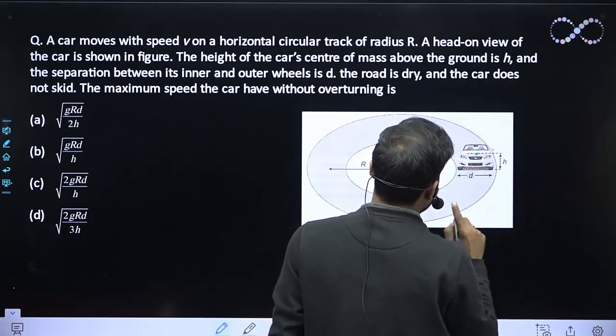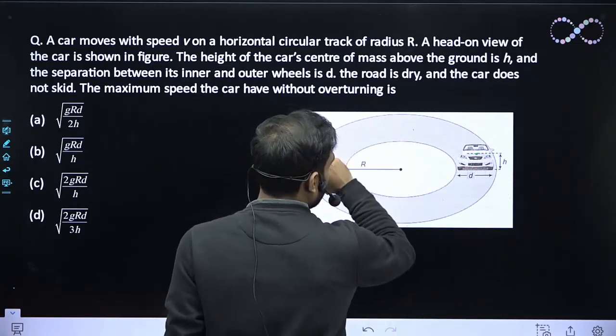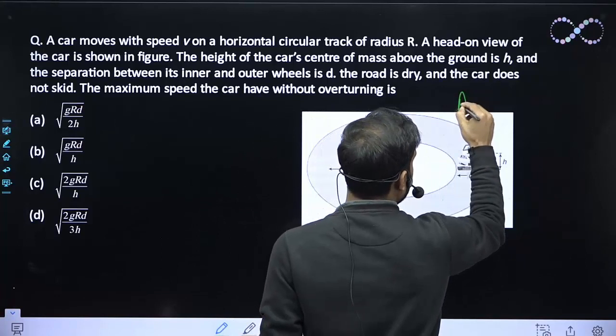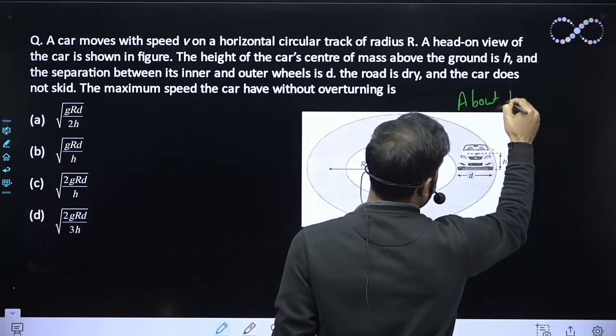So let us take the case of when it is about to topple, or about to overturn.